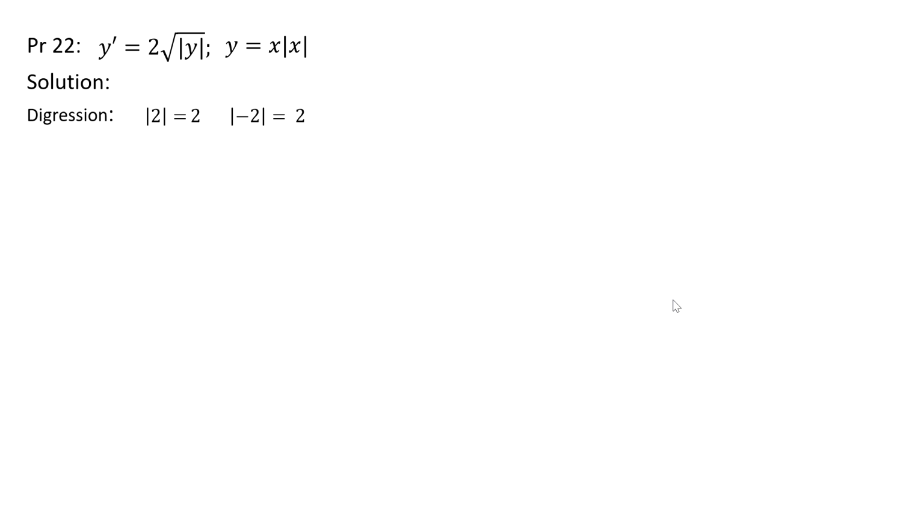Now if you ask, why is the absolute value of negative 2 equal to 2? They give a triumphant smile and say, that's because it's the distance on the number line from 0.